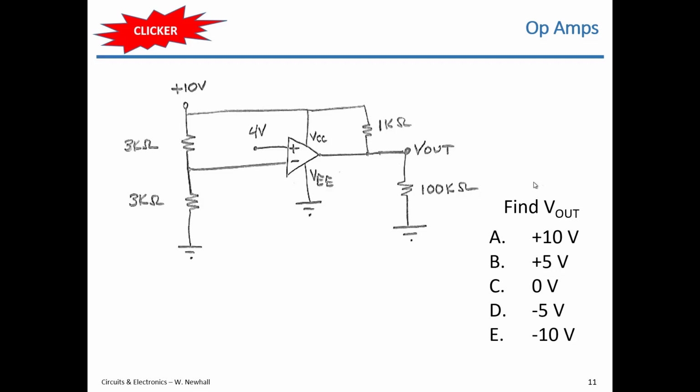All right, let's talk about this. I pointed out there is a connection or a path you could follow from the output to the inverting input. But this is not negative feedback because this node at the top is held at a node voltage of 10 volts, right? There's some source that's not shown here. It's implied. There's some source that is holding this top node at 10 volts.